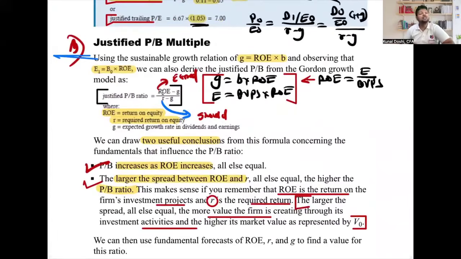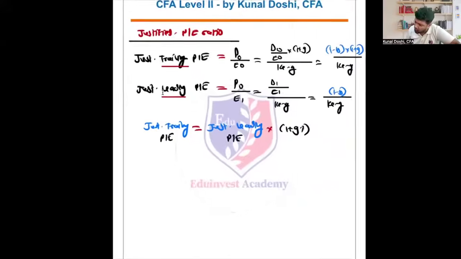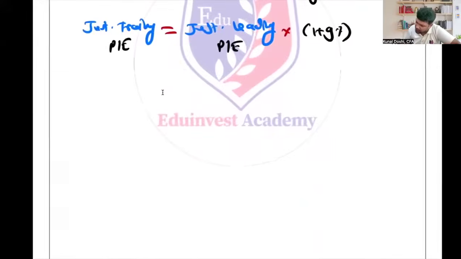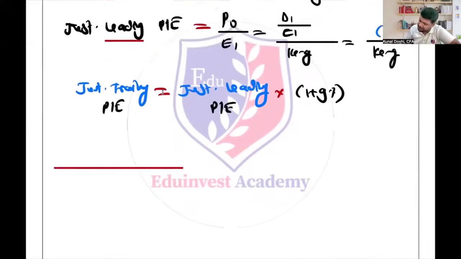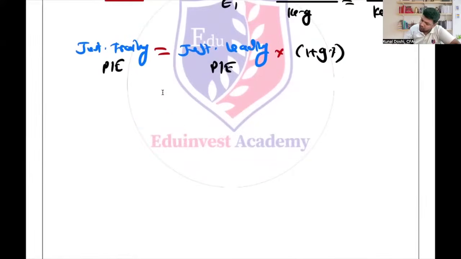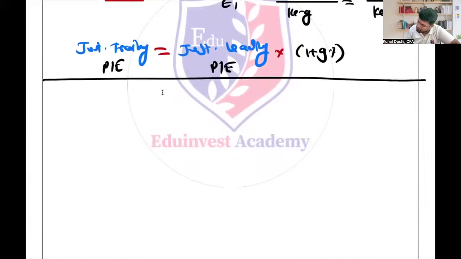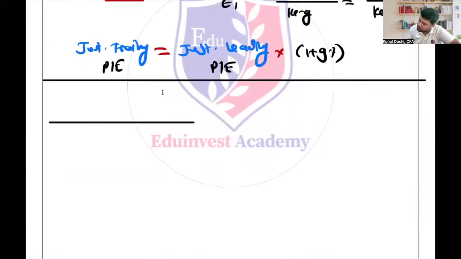Now let's go to the justified price to book value, which is very interesting. Book value. Okay, this is where all your accounting knowledge also comes to play. So now we are going to justify the price to book value ratio. Justified price to book value ratio.